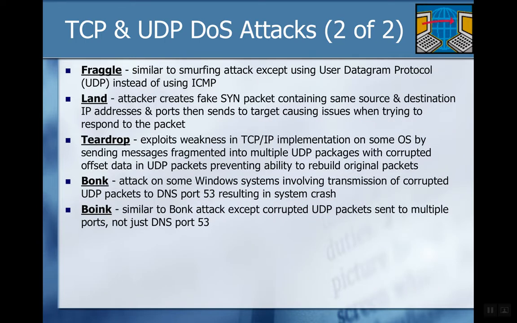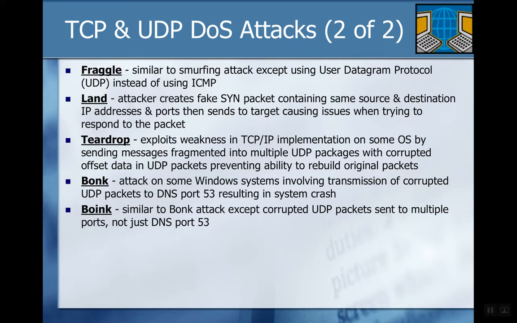A couple others: Fraggle, just like Smurf, except it uses UDP. Land, which is a fake SYN packet containing the same source and destination address, sent along basically trying to confuse a recipient.